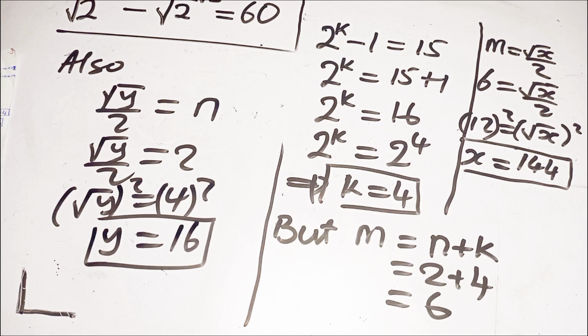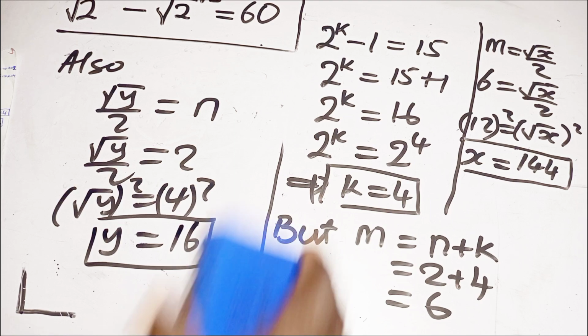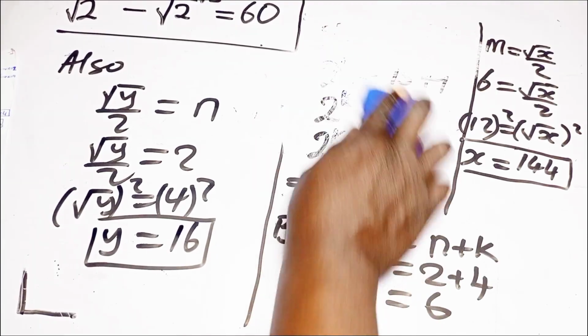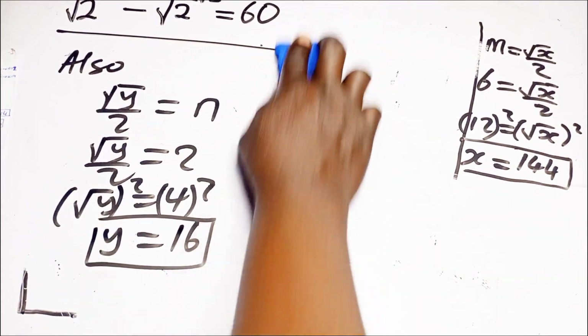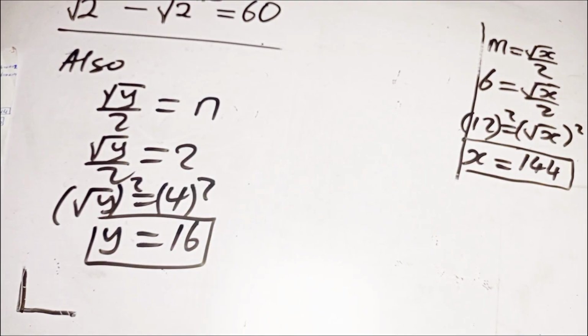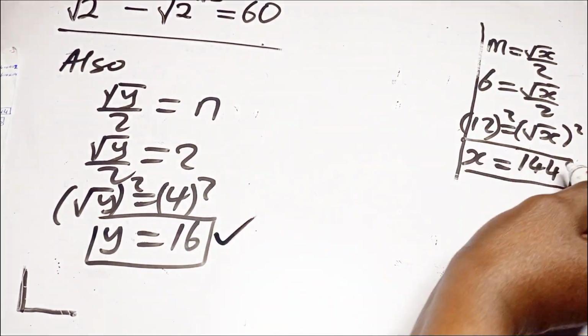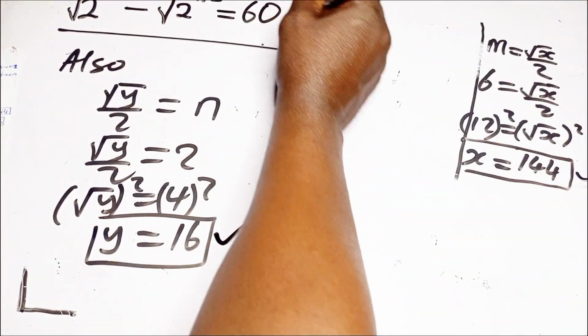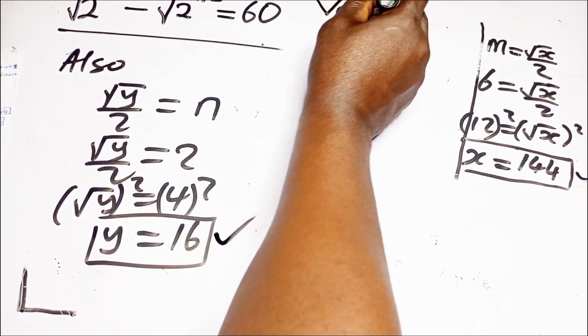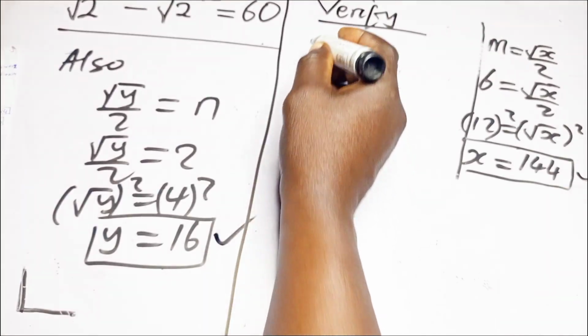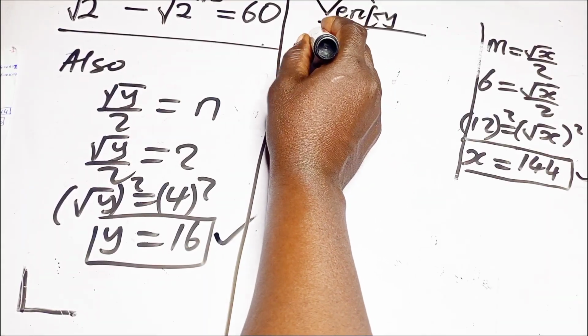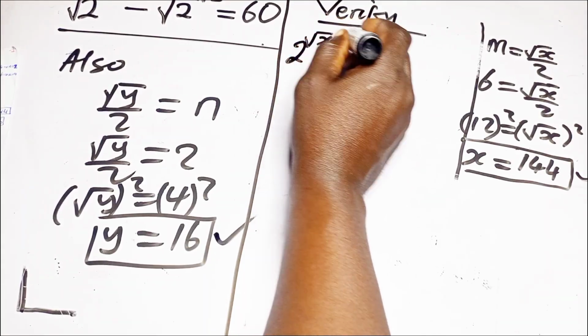Now let us verify to be sure of our solution. This is the value of y, that's the value of x. Now, to verify, we have 2 to the root x.